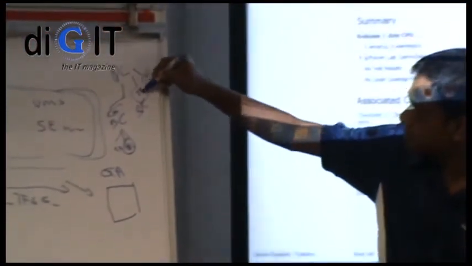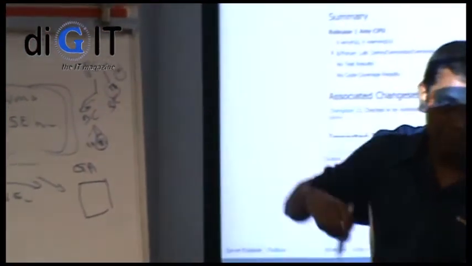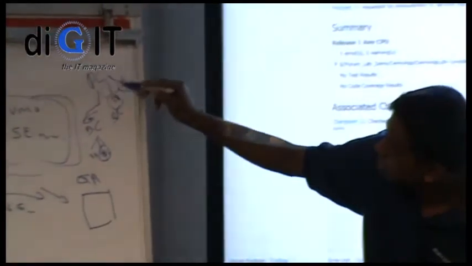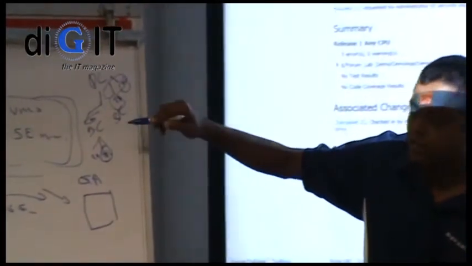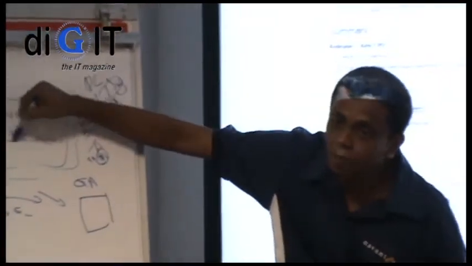Okay. So the same way you can have test controllers and test agents in a project collection. Right? So this test controller and test agent is mandatory in your lab environment.